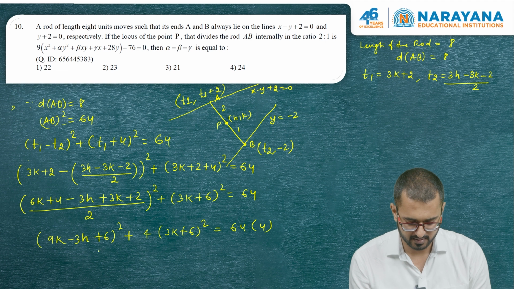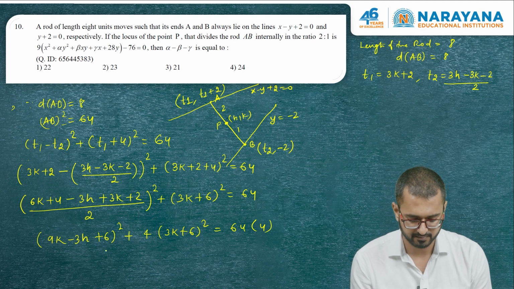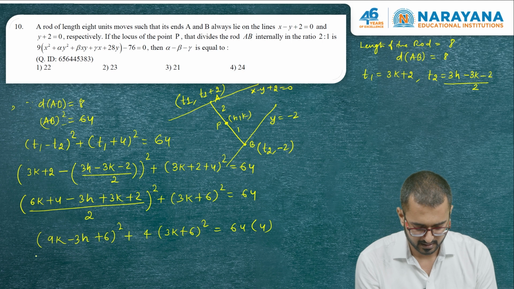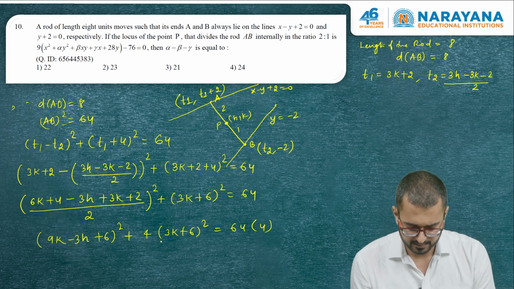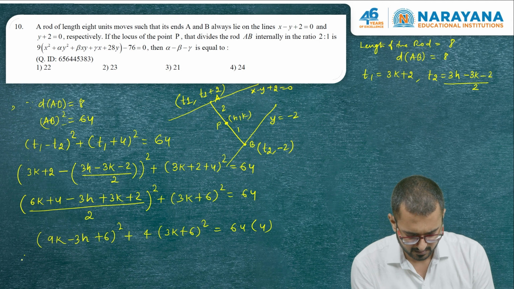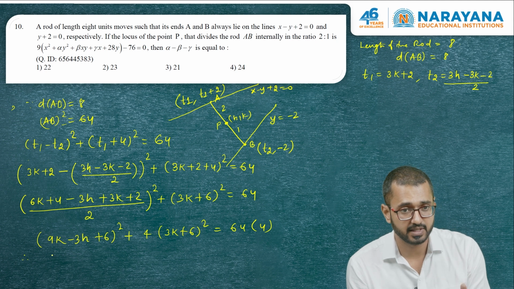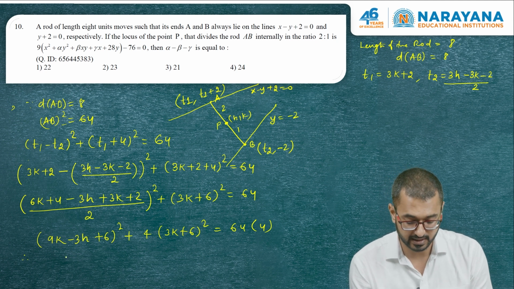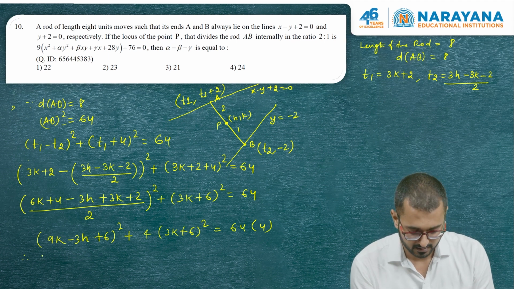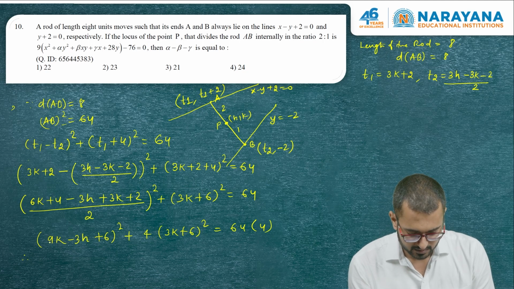Yes, we can do even still some smart work. Can we take 3 common? Then it is gone, 3, and here also we can take 3 common. But if we take 3 common, can we divide by something? No, we cannot. So let's evaluate the coefficient, because they have given 9 common outside, so for that part we have to. Let's take 3 outside, at least I can take.